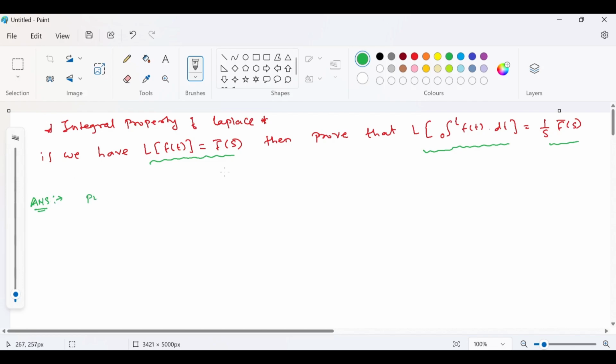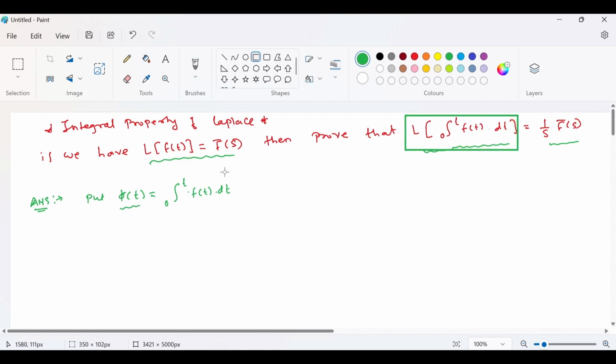We have to put phi of t is equal to integration 0 to t f of t dt. What I did, I have put phi of t for this entire term.